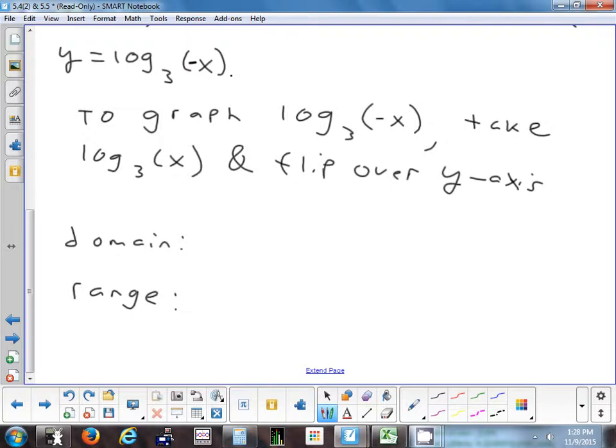Well, my range before was negative infinity to infinity. If I flip it, what's my range now? Okay, it's still negative infinity to infinity. How about my domain, though? It's going to be going in a different direction. So, yeah. Negative infinity to 0.